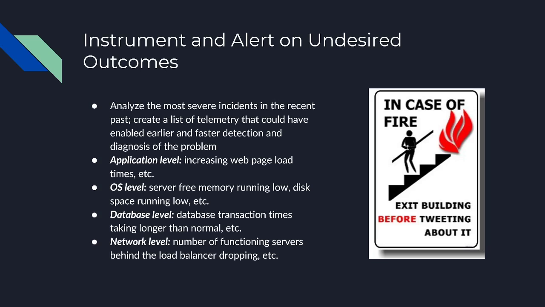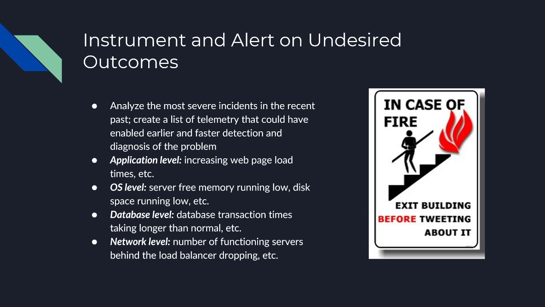Now, there are instruments and alerts today that are able to discover these undesired outcomes. And one of the first things that we need to do is to analyze some of the most severe incidents that have occurred in the recent past. Chances are, if it happened in the past, it will surely happen again.